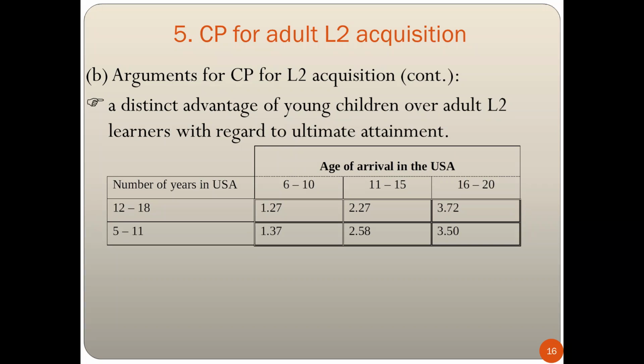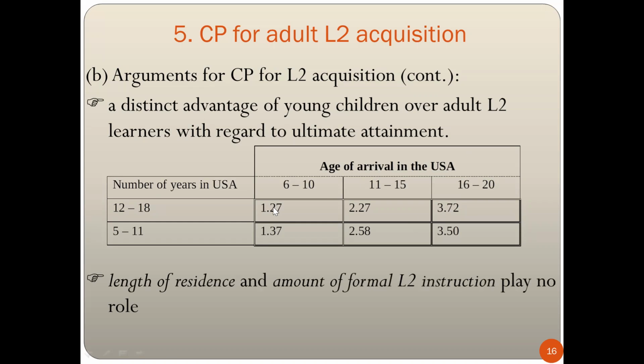And they asked the native speakers to rate each sample, to give each sample a rating between 1 and 5 according to how strong the foreign accent of the sample was. So the instruction was rate the sample as 1 if it has no foreign accent. So if it sounds like a native speaker, give it a rating of 1.